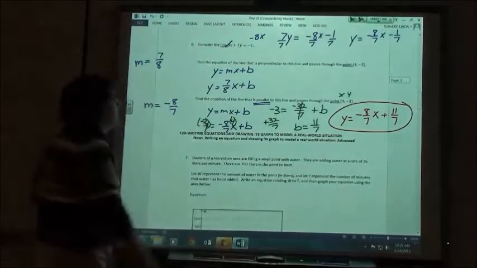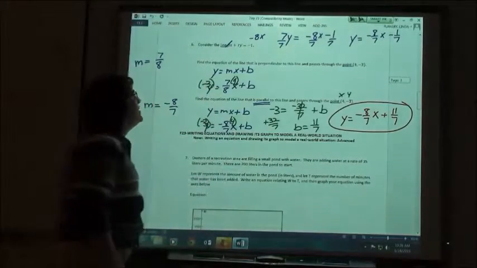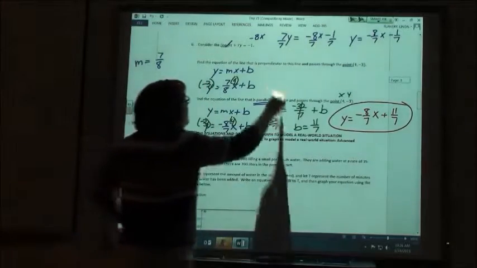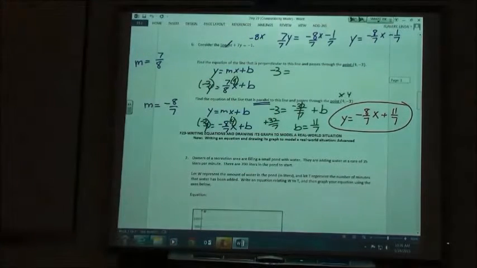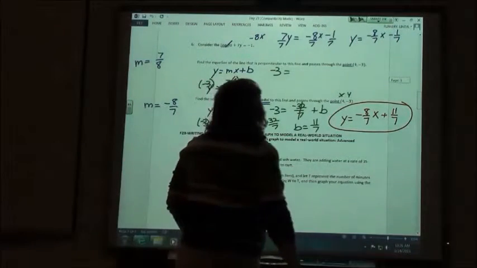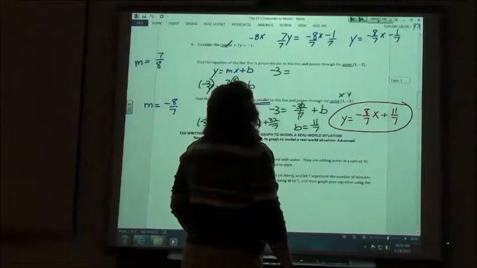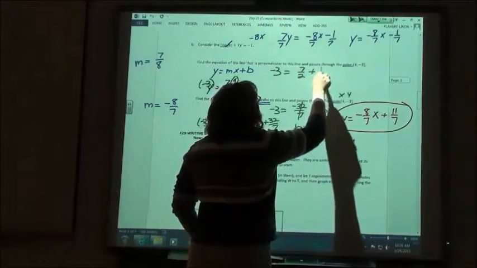And then x is going to be 4 and y is going to be negative 3. So we're going to have negative 3 equals 7 over 2 plus b.